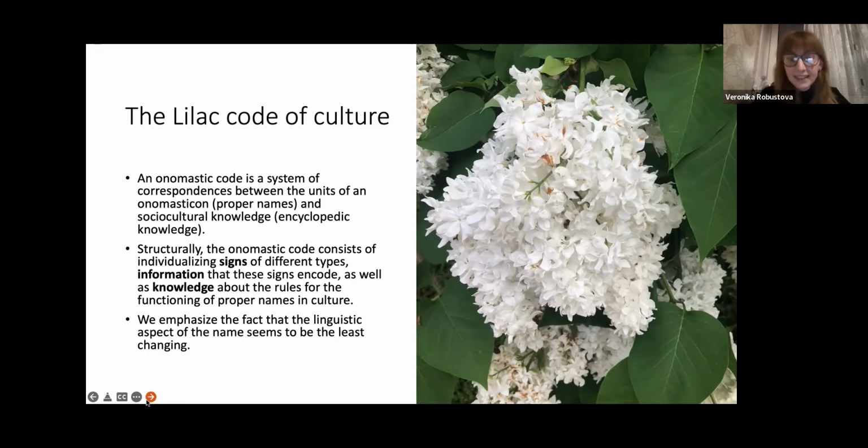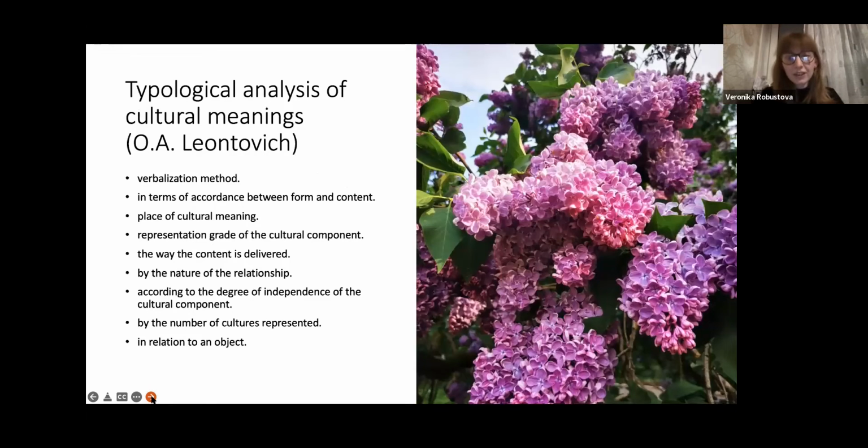We emphasize the fact that the linguistic aspect of the name seems to be least changing, and the encyclopedic aspect changes a lot, and it depends on the social cultural context. This research is based on the typological analysis of Olga Leonid, who enumerated different approaches to the study of the ways we can incorporate cultural meaning in the language.